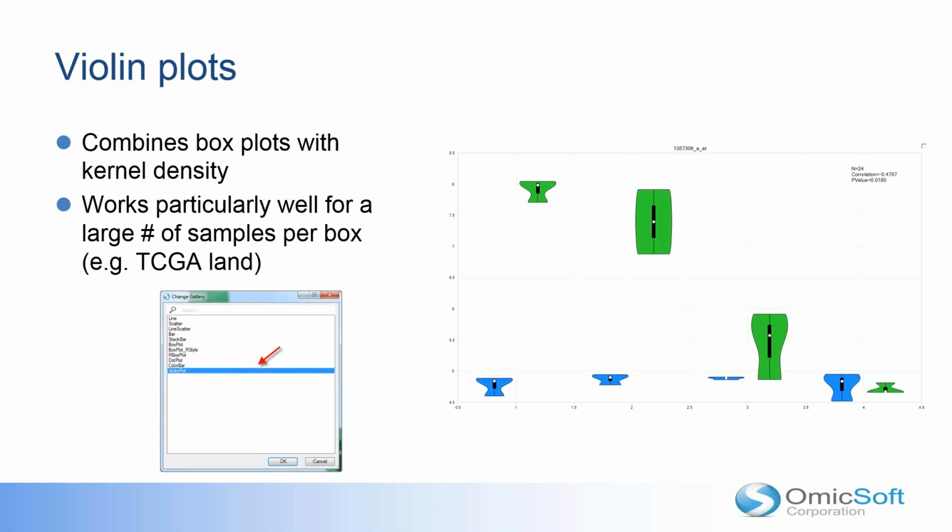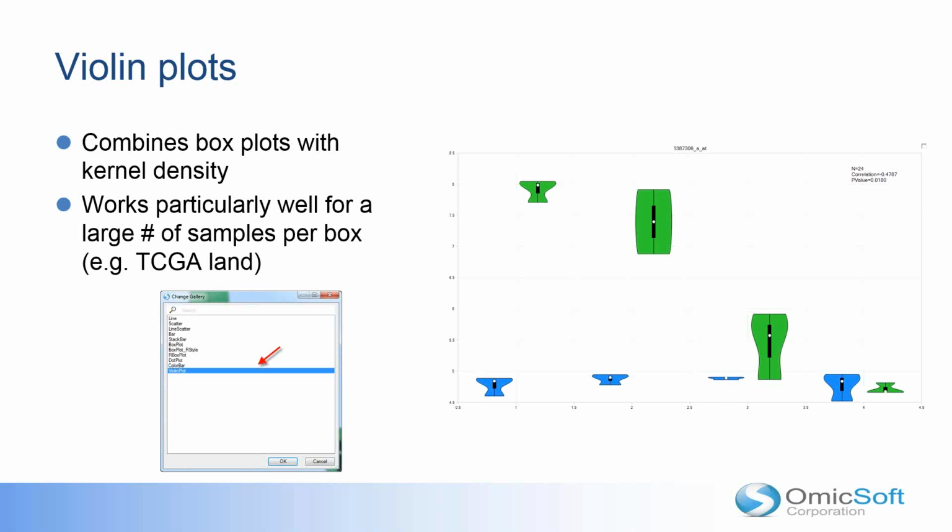So one such feature is the violin plot. Based on a user request, the violin plot was designed to combine box plots with kernel density. In practice, our internal team found that it works particularly well for larger numbers of samples per box. For example, in TCGA, each tumor type could have hundreds of samples.